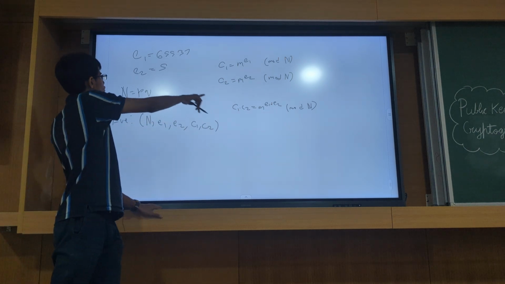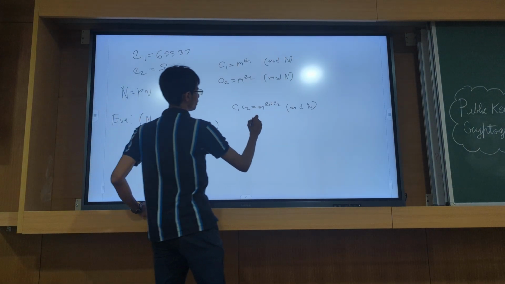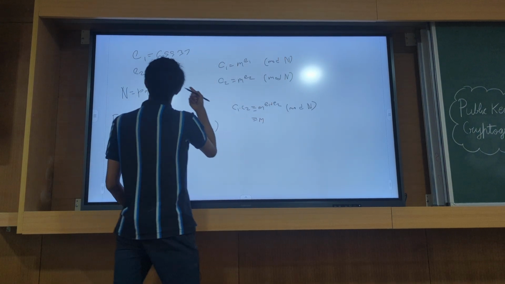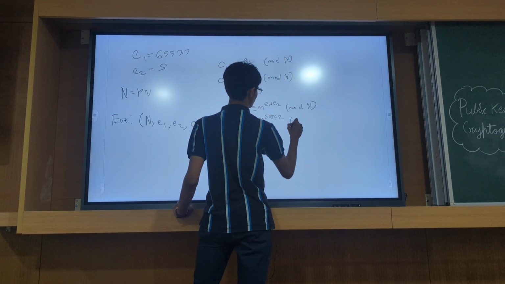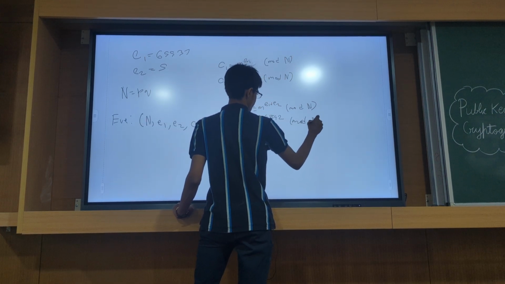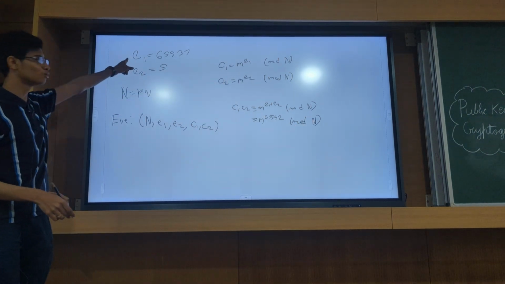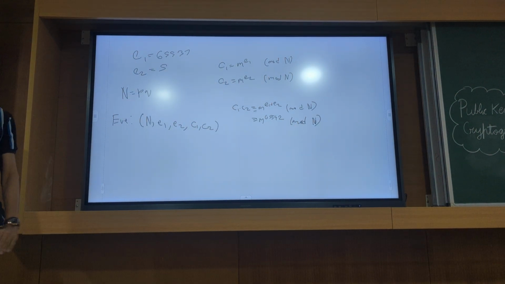In this case, this is going to be M to the power 65542 mod N. Also, while we do look at the specific values of E1 and E2 I have given here, that is important.